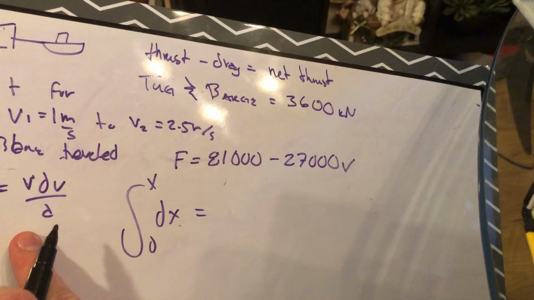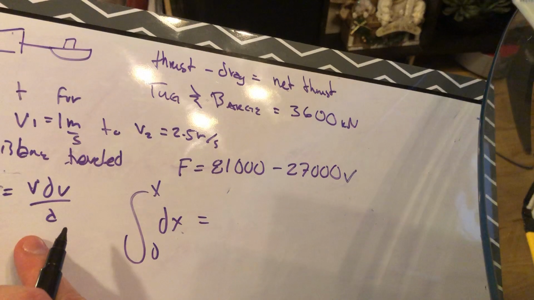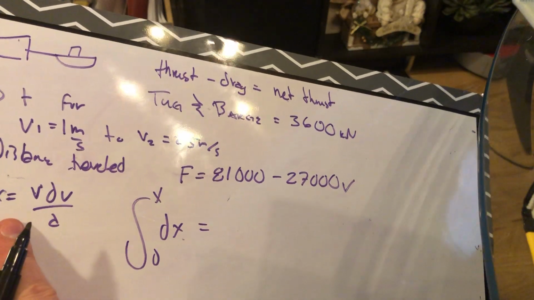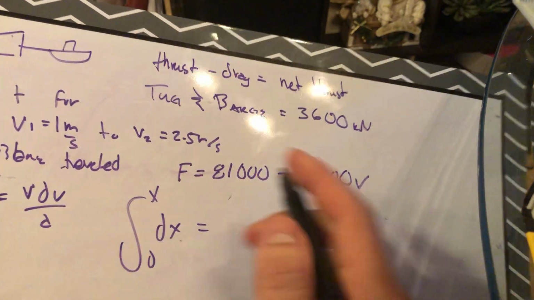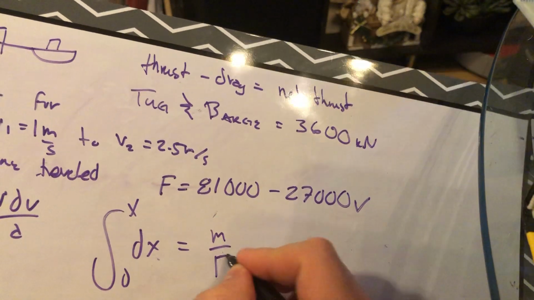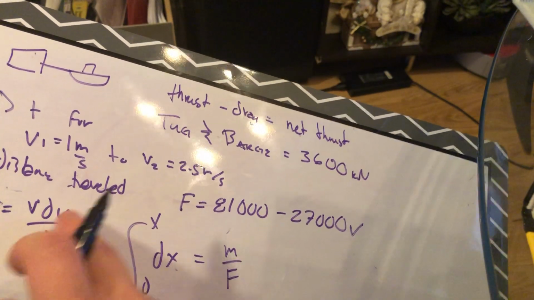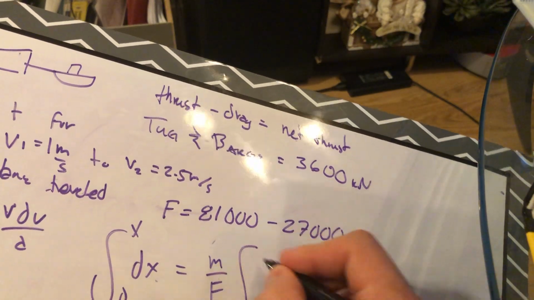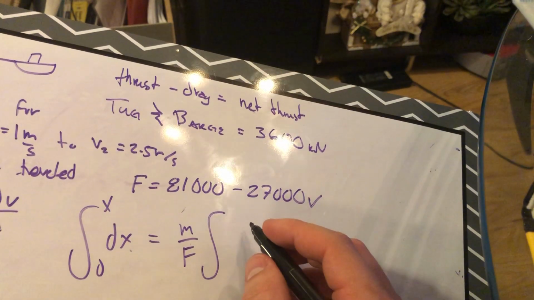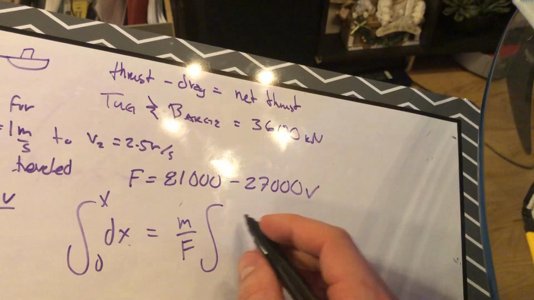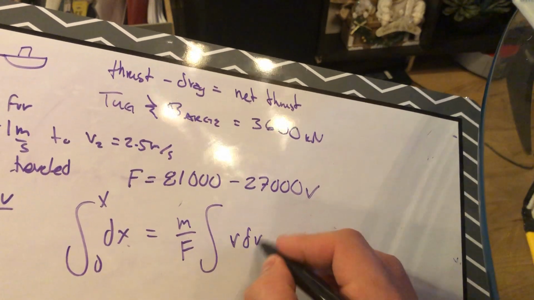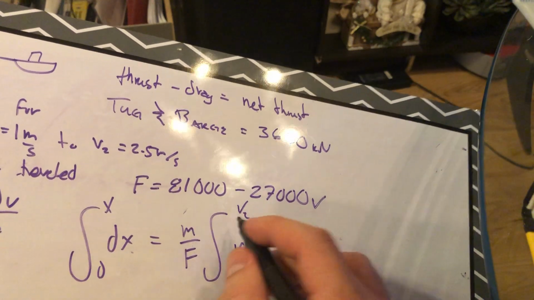I don't know why I waited until part B to do that, but I should have done it with respect to t. Because essentially, if we pull out the a term, we're going to have a v dv term. So that leaves us with v dv here, v1 to v2.